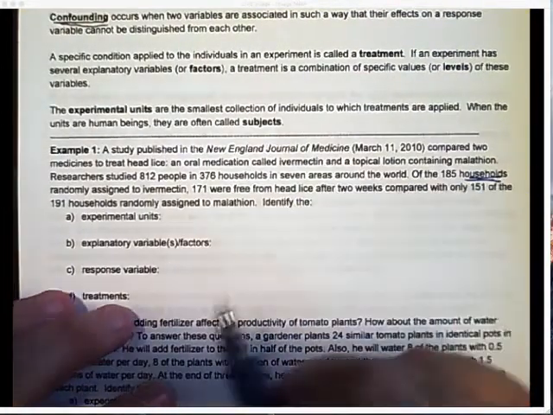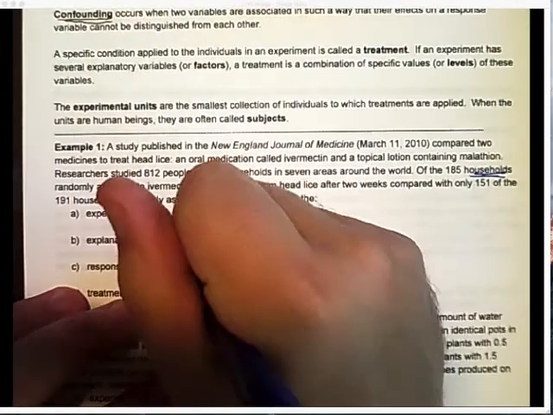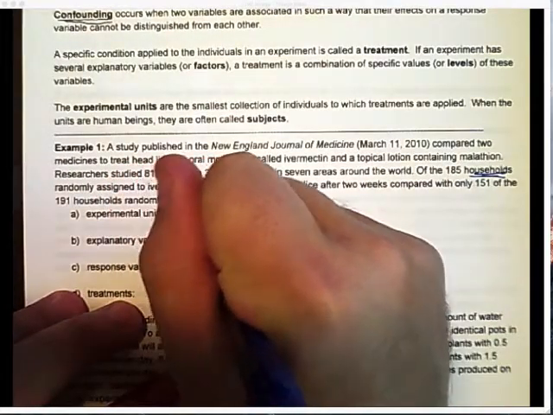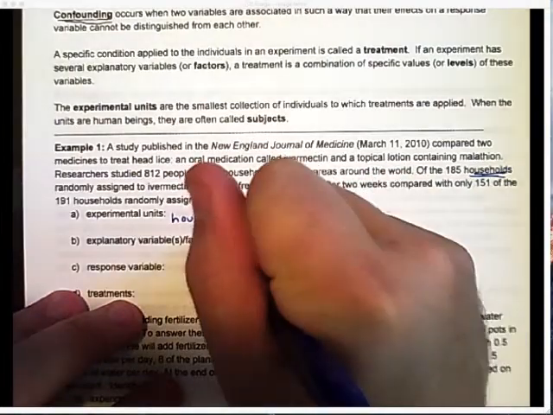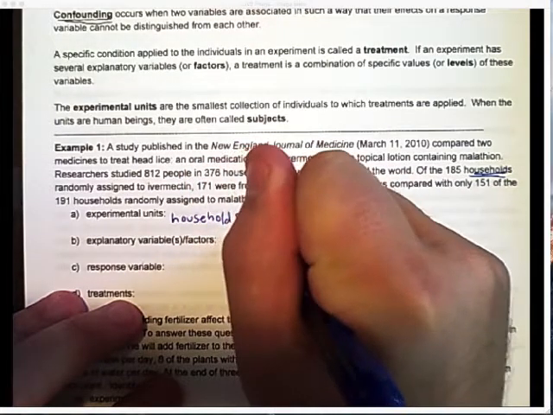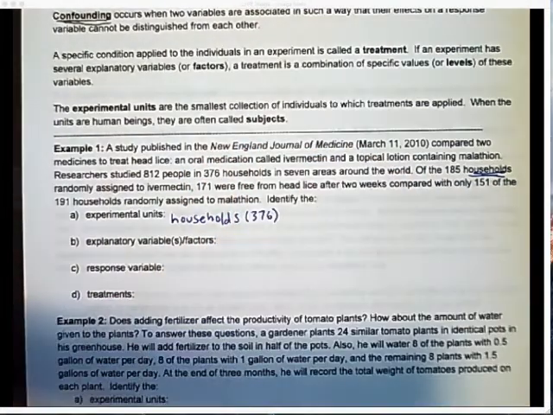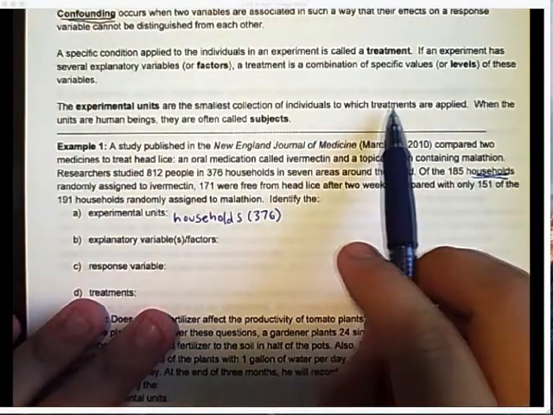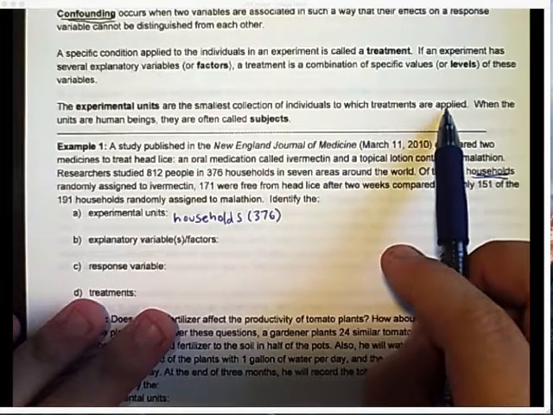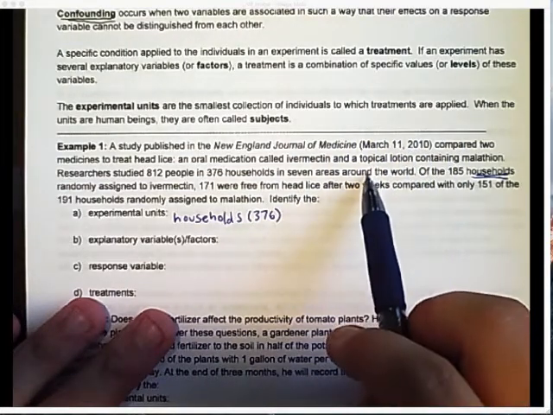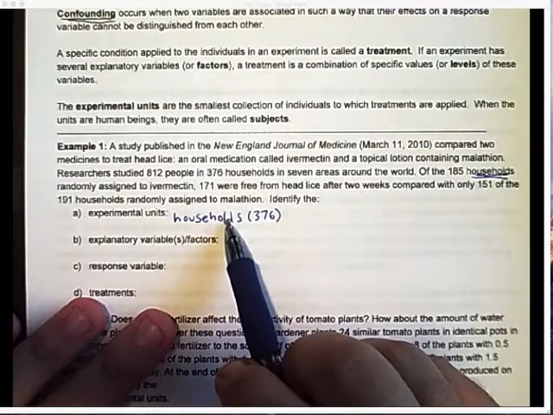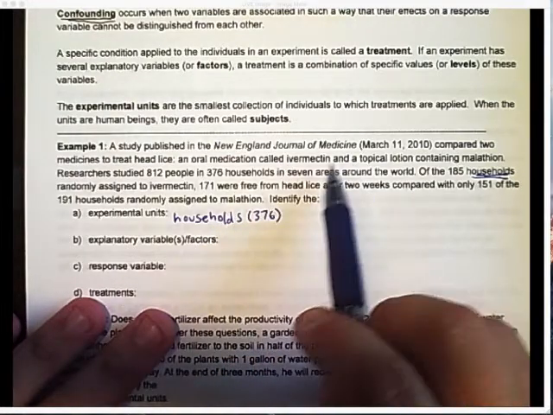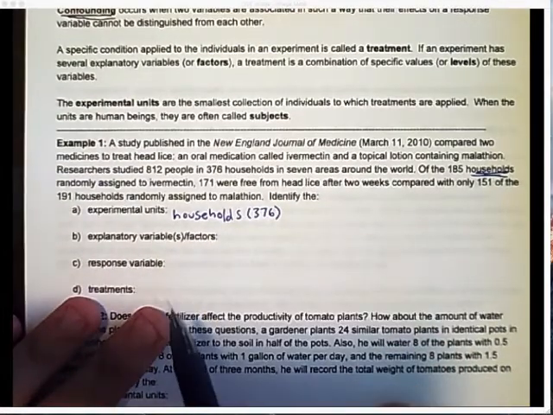So the experimental units are the households. There's 376 households. If you read what experimental units are, the smallest collection of individuals to which treatments are applied, we're applying these treatments to the household. So everybody in one of the households is going to get one of these two drugs.